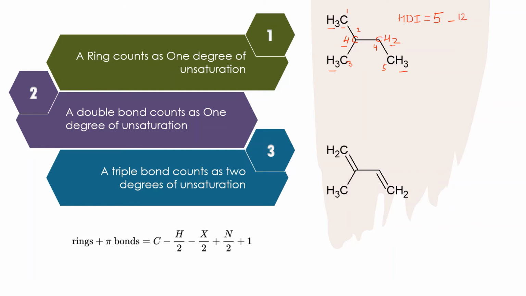So 12 by 2. There is no halogen, there is no nitrogen, and plus 1. So this comes out to be 5 minus 6 plus 1, which is 0. So HDI for this particular structure is 0.